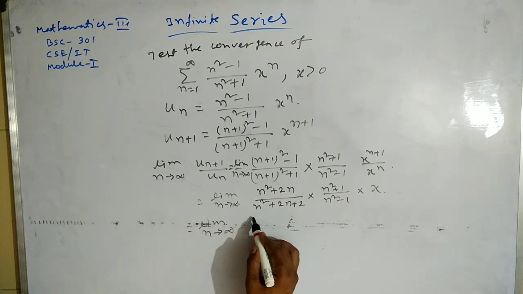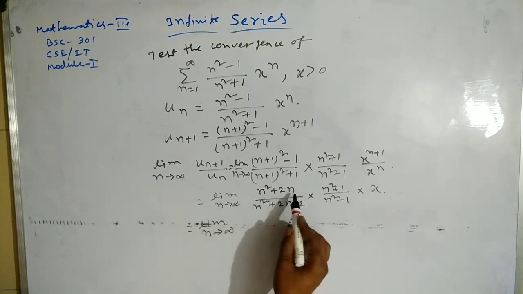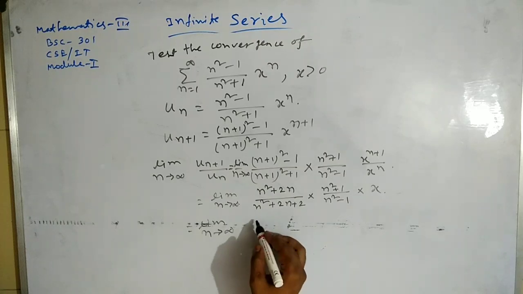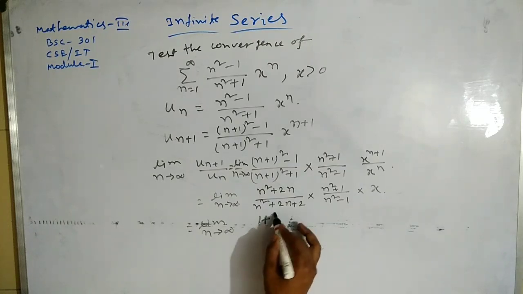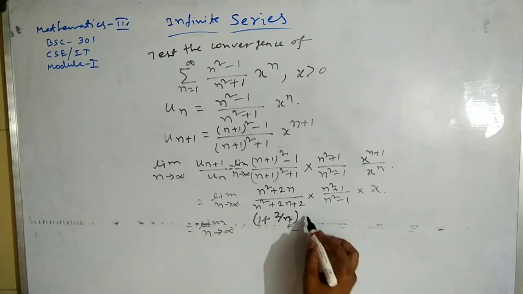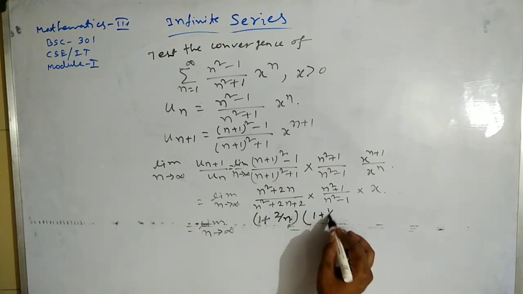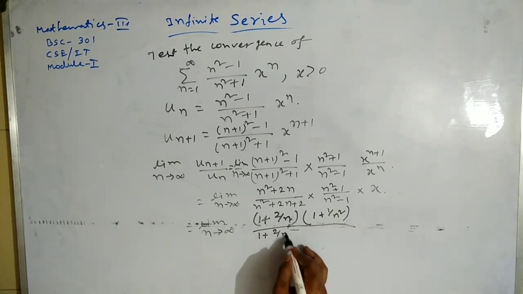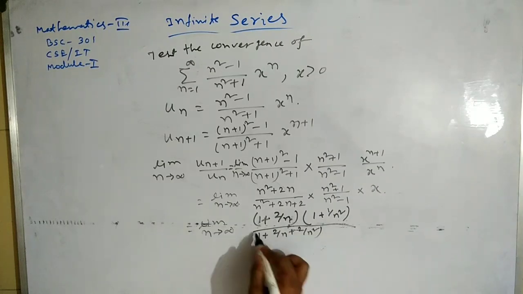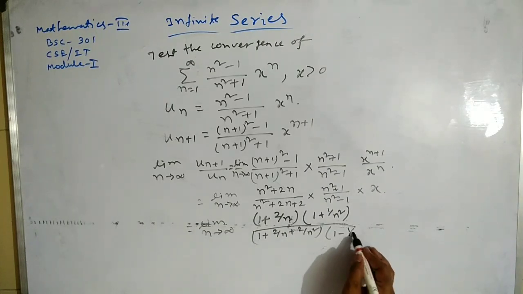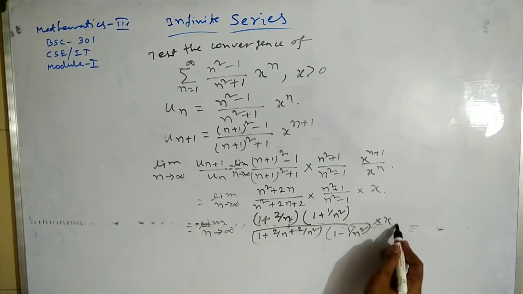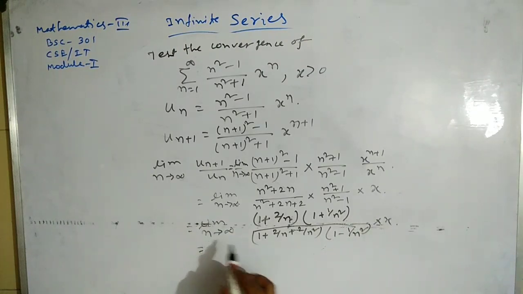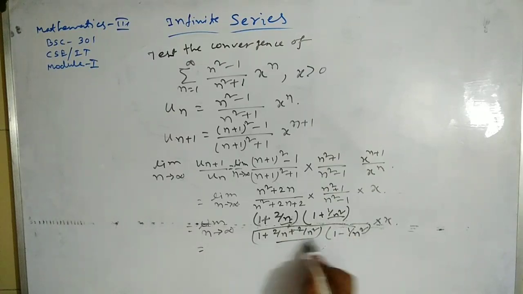So this will be (1 + 2/n) into (1 + 1/n²) by (1 + 2/n + 2/n²) into (1 − 1/n²) into x. Now since n is tending to infinity, all these will be 0 and the result is x.